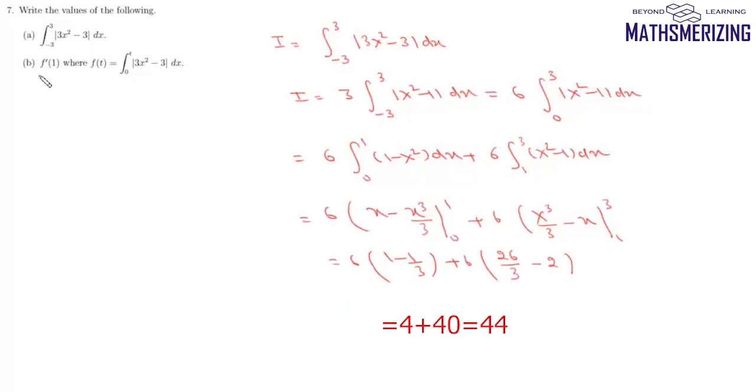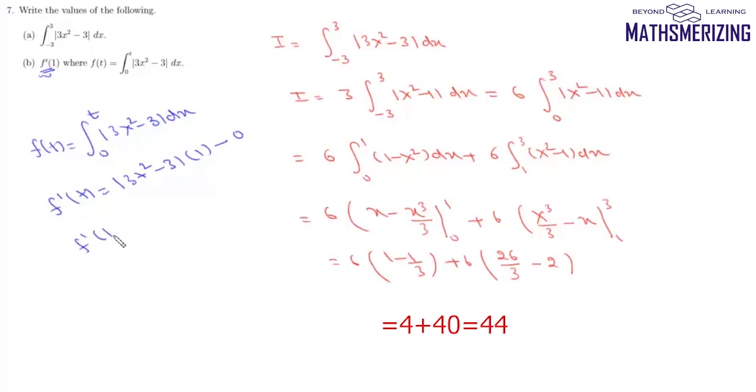We need to find f dash 1 where f t is this integral mod of 3x square minus 3 dx. We'll differentiate using the Newton-Leibniz formula. So we'll write f dash t, and in place of x we'll write t. So there'll be 3t square minus 3 into the derivative of t, which is 1, minus the derivative of 0, which is simply 0.